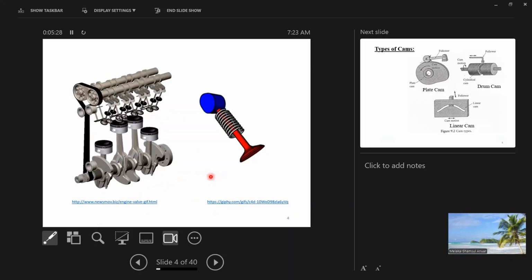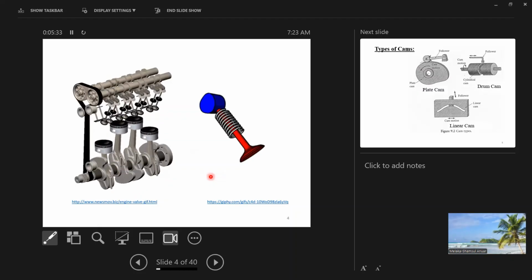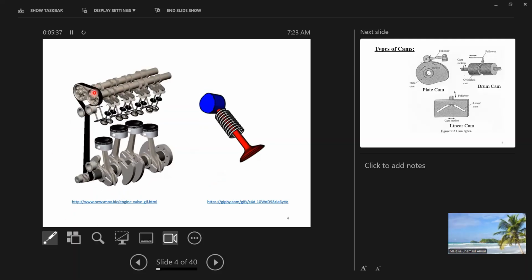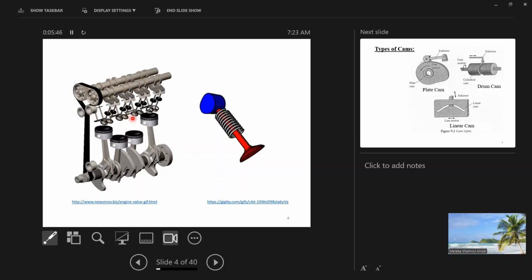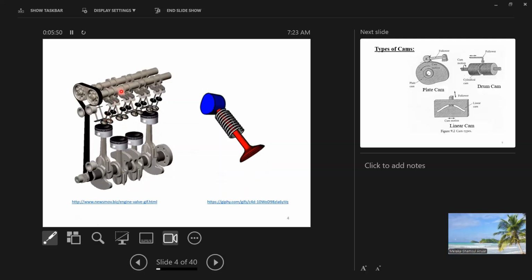So these are some of the places where we can see the use of cams and followers. Notably, they are mainly used in engines and machines like that. In order to control the valve opening and closing, we can control it by using cams.